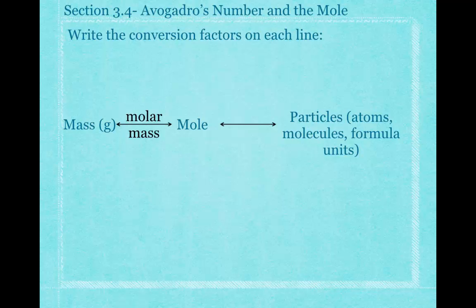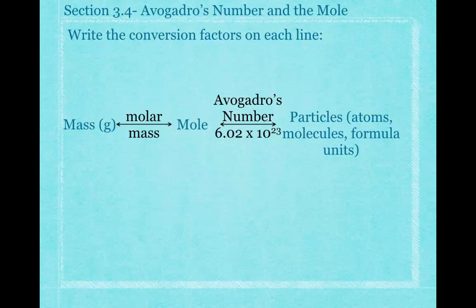Now, formula units are the units for ionic compounds because ionic compounds do not exist as individual compounds like molecular compounds do, and instead they exist as crystal lattice structures with a number of positive ions surrounded by negative ions.